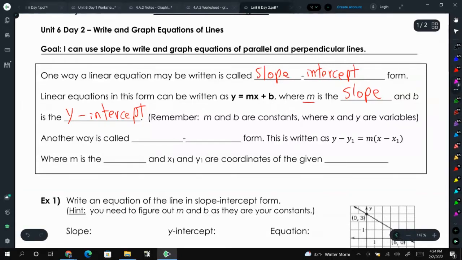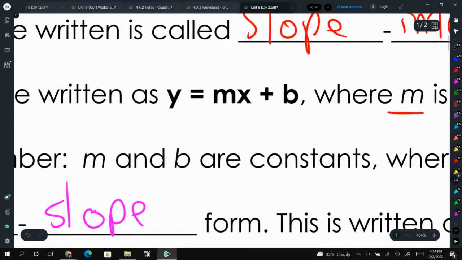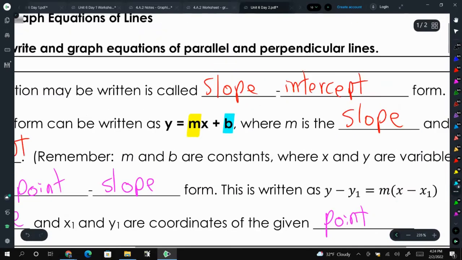In that instance, there's another form called point-slope form, where m is, again, the slope, and the coordinates x1 and y1 are the coordinates of the given point. So you see your equations here in slope-intercept form. M is your slope, and b is your y-intercept.